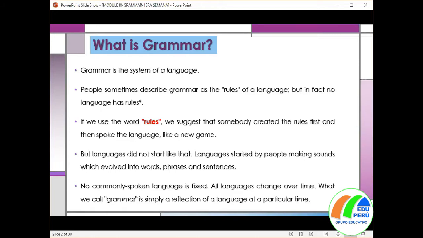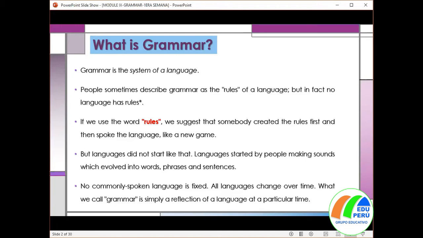If we compare these three stages, we could find a lot of differences in vocabulary, in grammar, in pronunciation. That's why, when we talk about grammar, we are just making a reflection of a language at a particular time, because through time the language is changing.